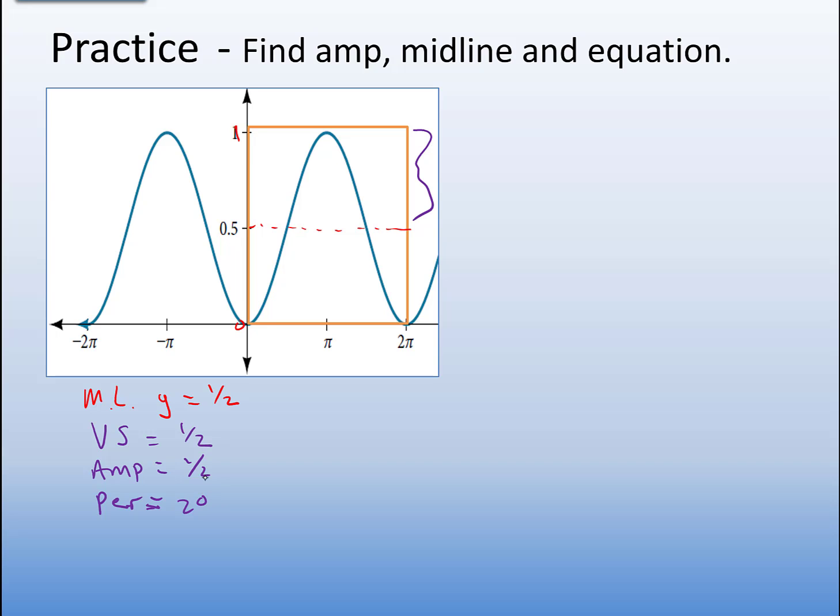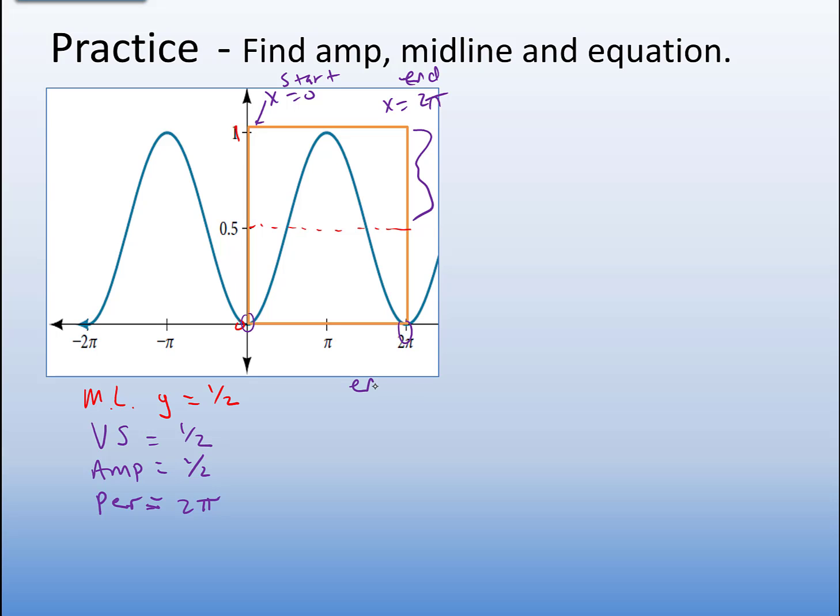Now that was my strategic advantage of having a start. X equals 0. That was my start. And x equals 2 pi. That was my end. So these x's made it easy for me to calculate the period.